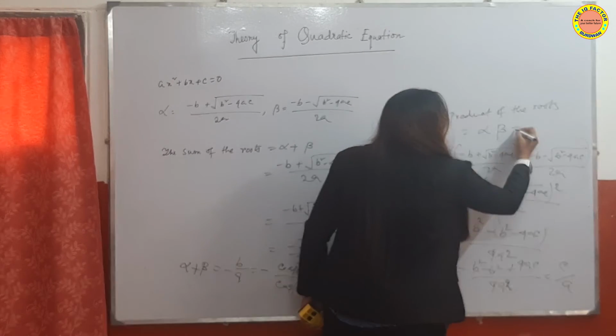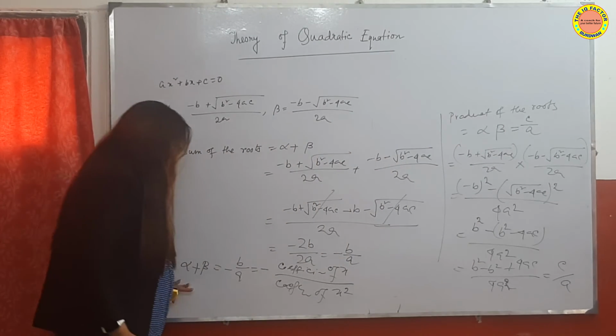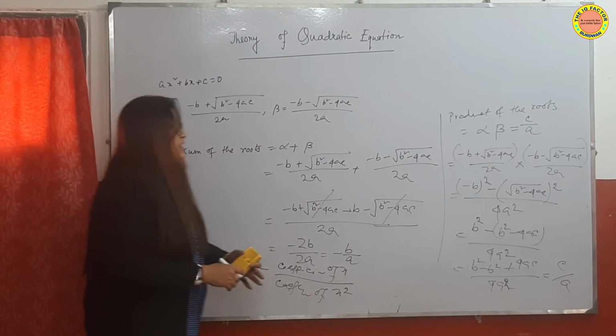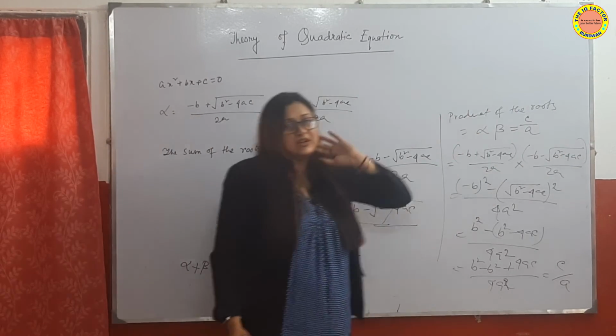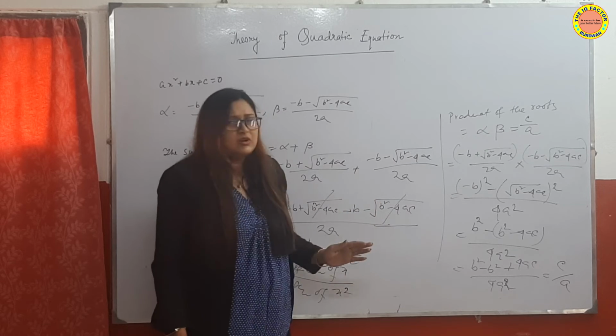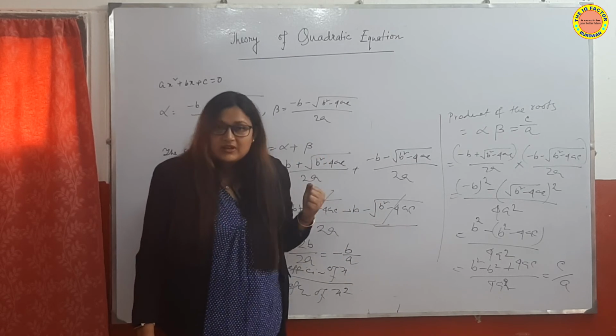So the product of the roots is c by a and the sum of the roots is minus b by a. Here we can say c is the absolute term and a is the coefficient of x square. These two are very important to find out the equation if the roots are given.